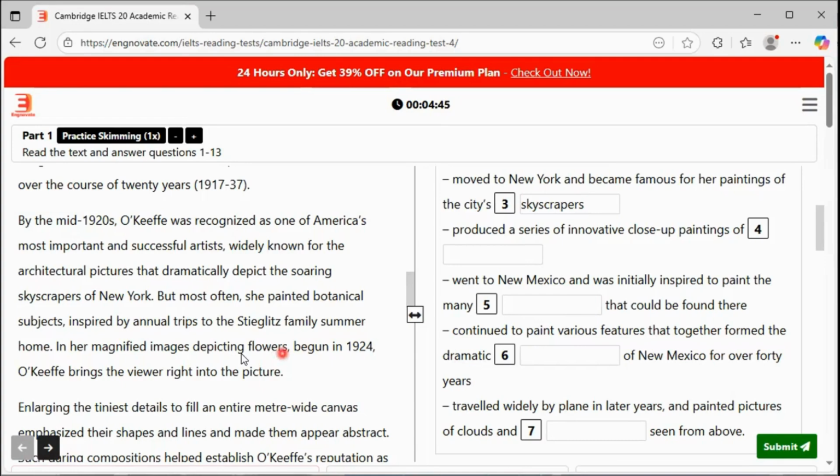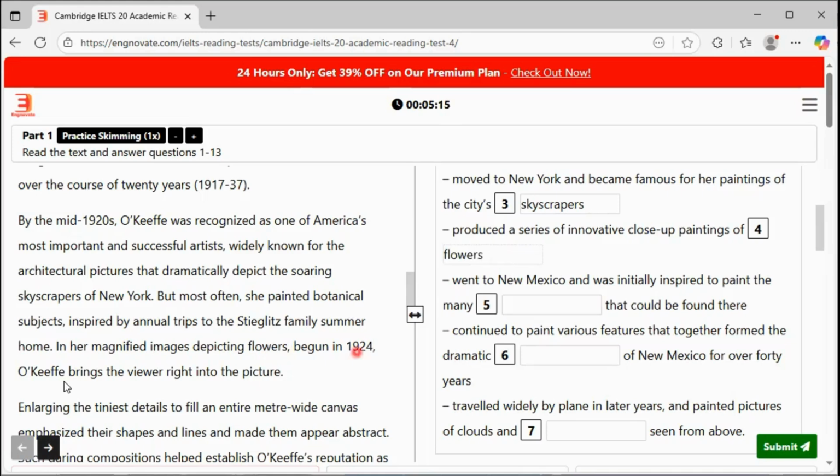This is going to be our answer. Innovative close-up. Magnified is a paraphrase for close-up. When you magnify something, you bring it closer to you and you enlarge it. That's the meaning of magnified. Magnified images depicting flowers. So this number 5 should be flowers.